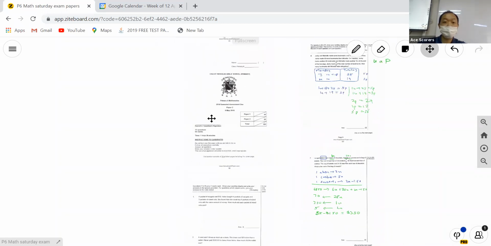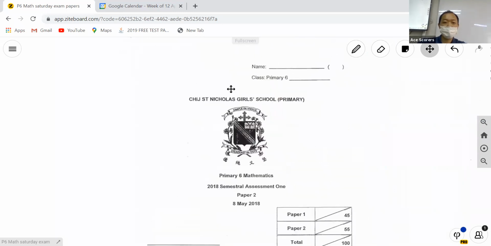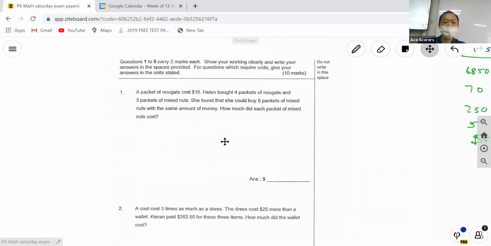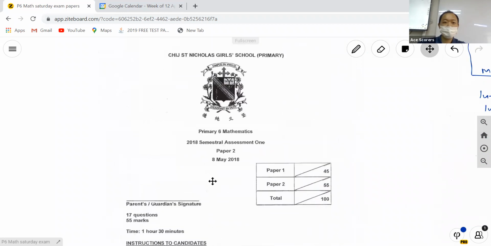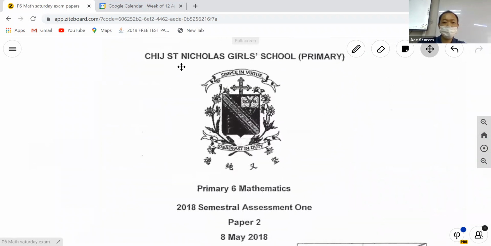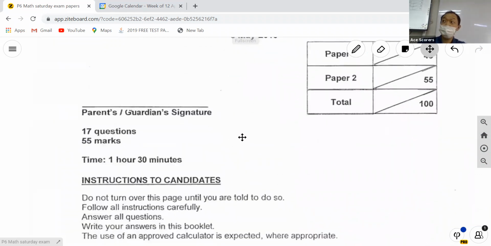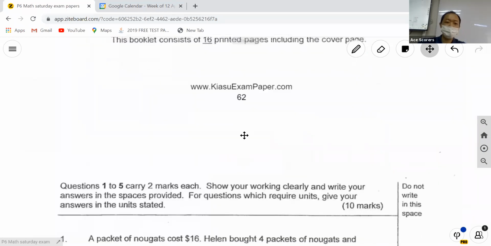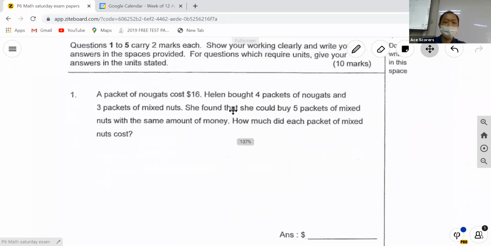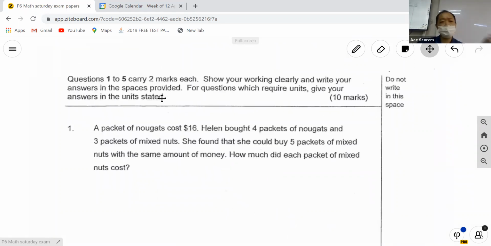This is from CHIJ. Okay, so how much time do we have for this? Each one is 2 marks. Let's do the questions 1 to 5. You should be able to do it in 10 minutes.